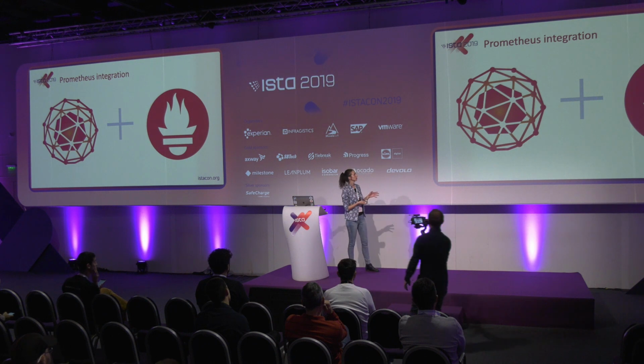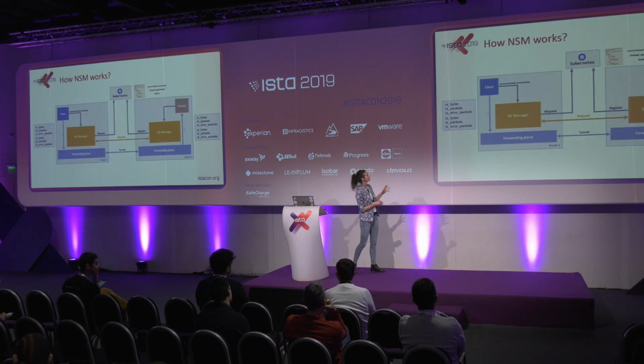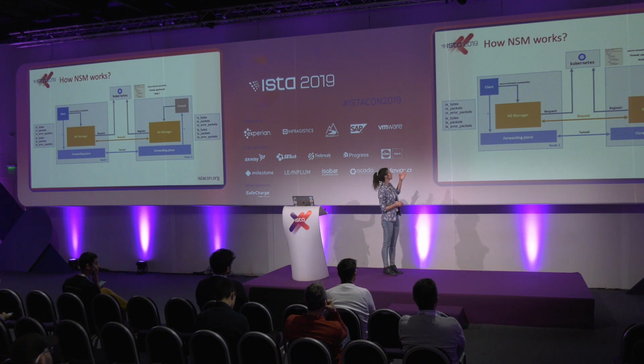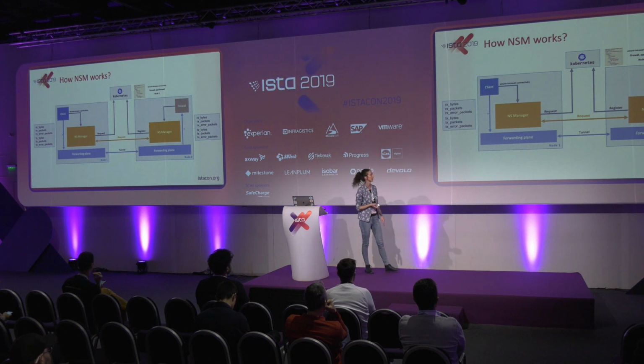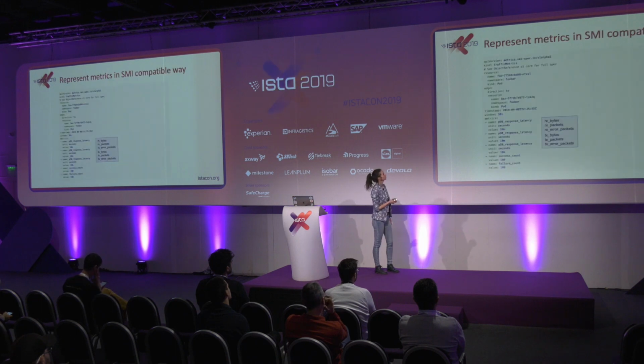And what we found out, our forwarding planes support metrics like that: RX bytes, RX packets, error packets, and TX bytes, packets, and error packets for every client and endpoint. So what we decided to do, we decided to use that as metric names.